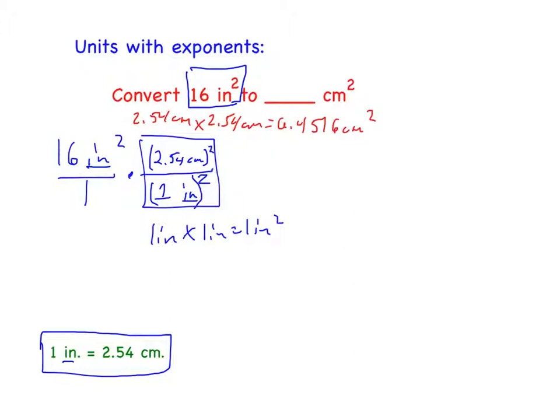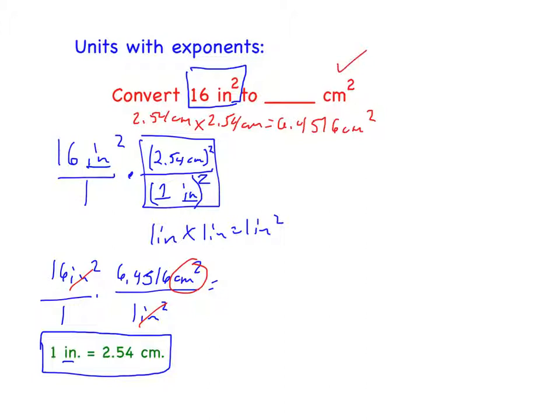Okay, so now we could rewrite this problem. We could say 16 inches squared over 1, and then we could say 1 inch squared equals 6.4516 centimeters squared on top. And inches squared cancels inches squared, and we'll be left in units of centimeters squared, which is exactly what we want up here. So we're done.